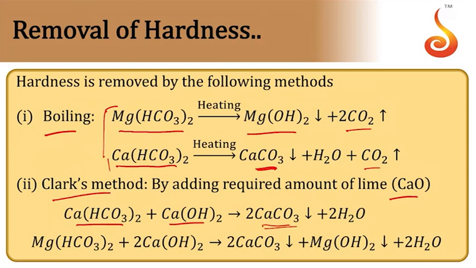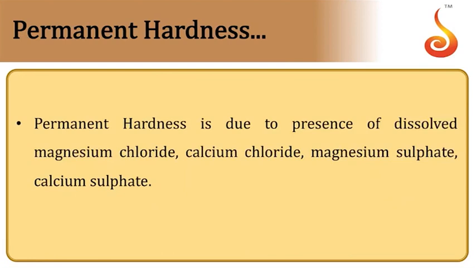And if you have magnesium bicarbonate as the hardness-containing compound, plus lime, that is calcium hydroxide, you are going to get calcium carbonate plus magnesium hydroxide. Once again, both of them are precipitates only. So by adding the required amount of lime, we can remove temporary hardness. That is, you are converting bicarbonates into respective carbonates and hydroxides, which are precipitates, and they can be removed completely.